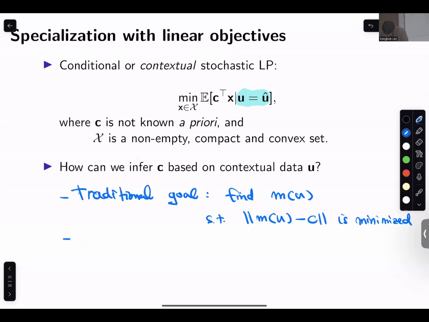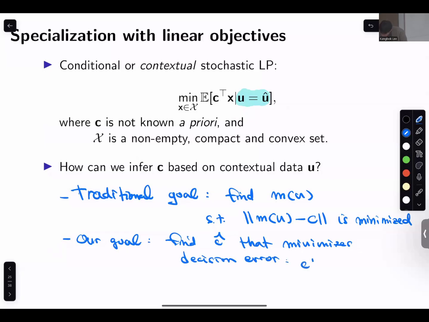our goal, let's say, is to find a C hat that will lead to the minimized decision error.